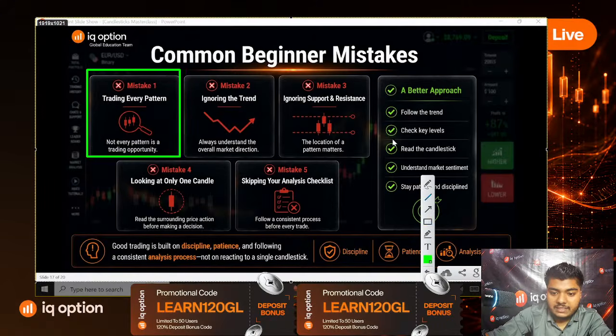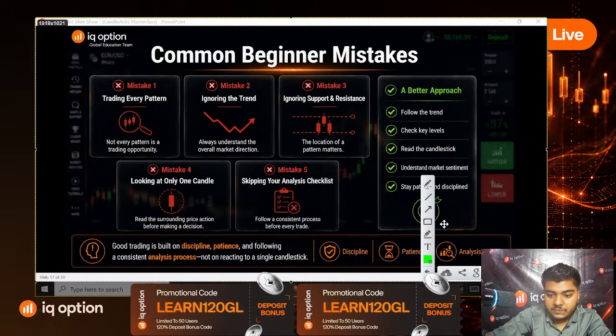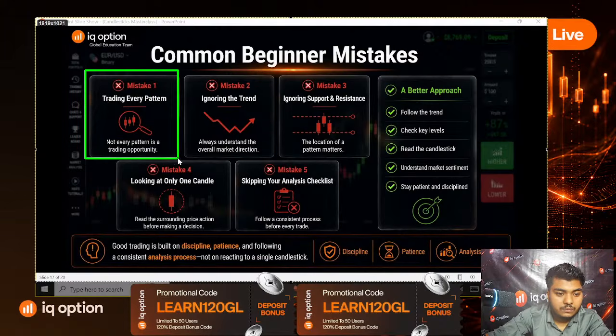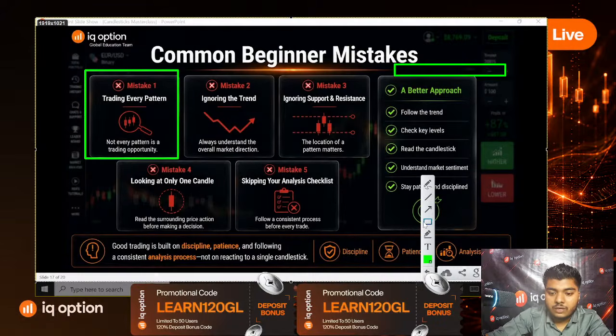Whenever they get a support level, or any kind of pattern, suppose you find a resistance zone and you also find an inverted bullish candle.